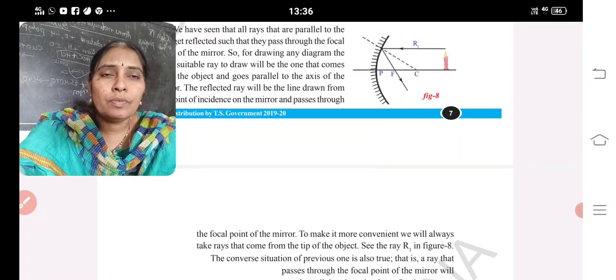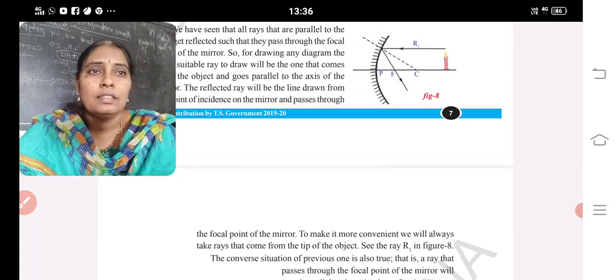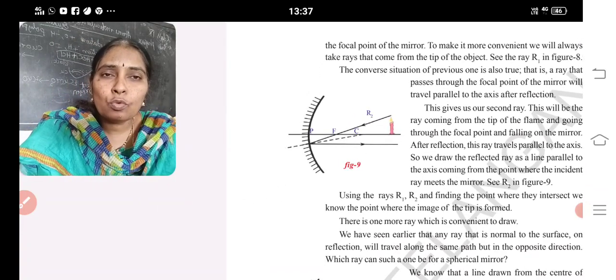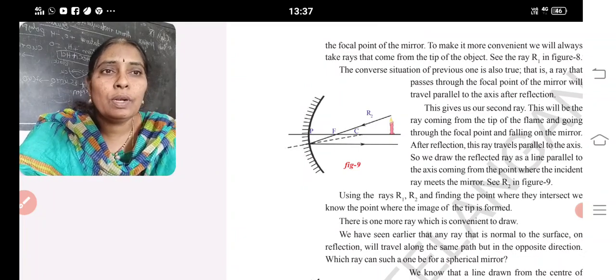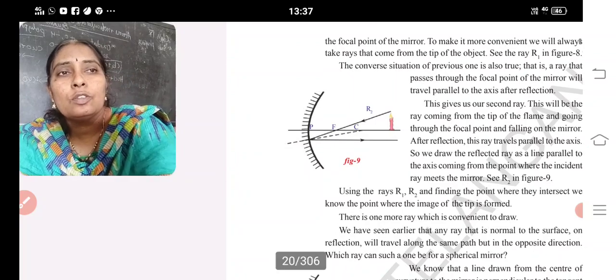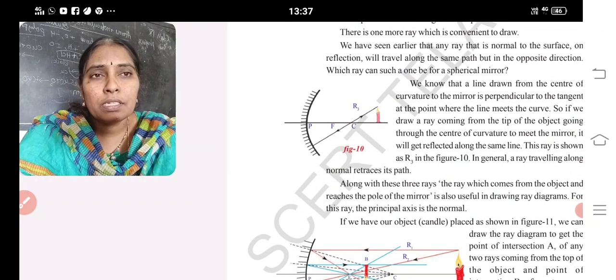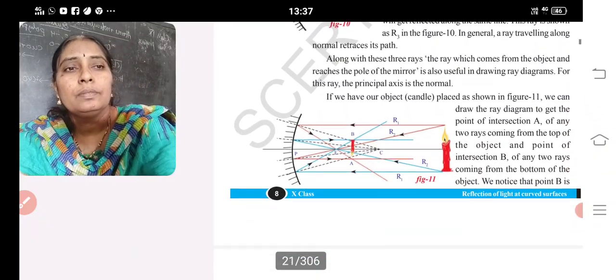Any ray coming from the source parallel to the principal axis strikes the mirror, reflects and passes through the focus. Second situation, any ray passing through the focus, on reflection, will be parallel to the principal axis. Third situation, any ray passing through the center of curvature, on reflection, passes through the same center of curvature.